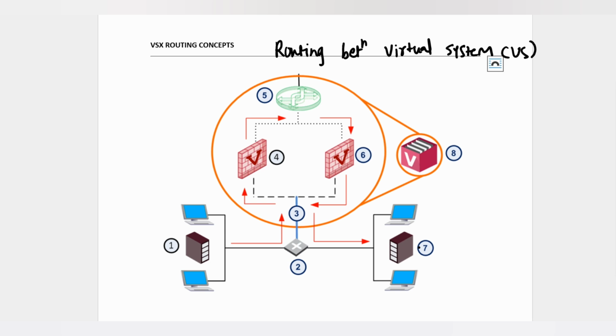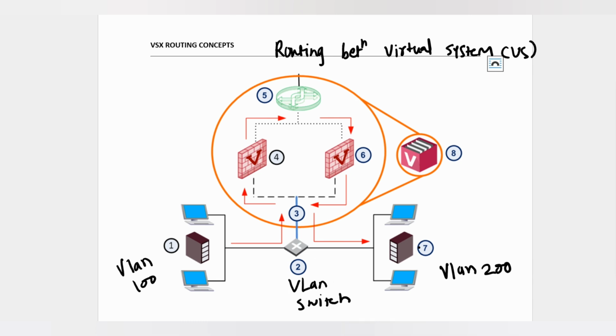Here I can say this number 1 network is your VLAN 100 network, and this number 7 network is your VLAN 200 network.